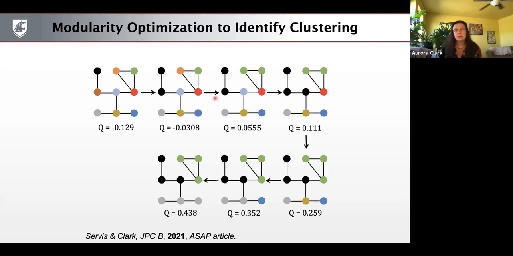In the next iteration, this brown node becomes a green node. Then I expand the black cluster a little bit. Then I expand the green cluster. Then these lower guys all become part of a gray cluster. So I start off with all my nodes in different clusters, and now I've partitioned it into 3 clusters where I've maximized the internal connectivity and minimized the external connectivity.